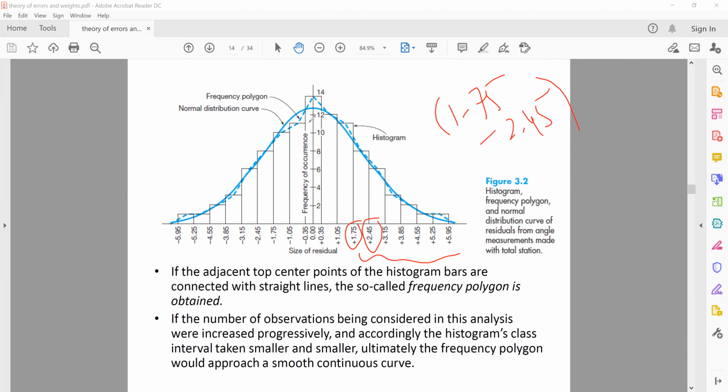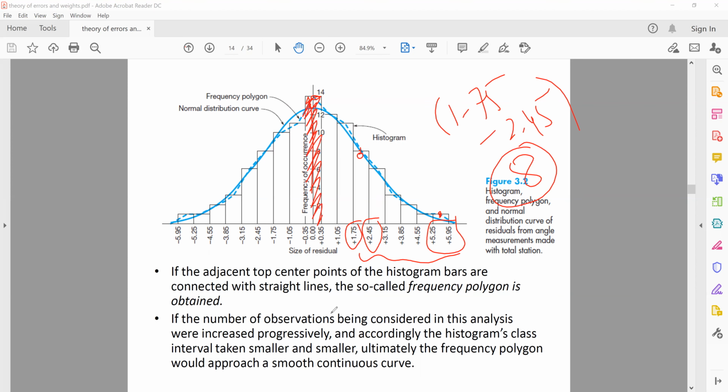Then I see from the table on the previous slide how many residuals fall in this range. Let's say the number of residuals in this range is 8, right? So over here, I will get this point. Similarly, for some other residual range, let's say plus 5.25 to positive 5.95, the number of values is 1, so the frequency is 1, and I'll plot this value over here. So if you see how this graph works, when the residual is 0 or close to 0, the frequency is maximum.